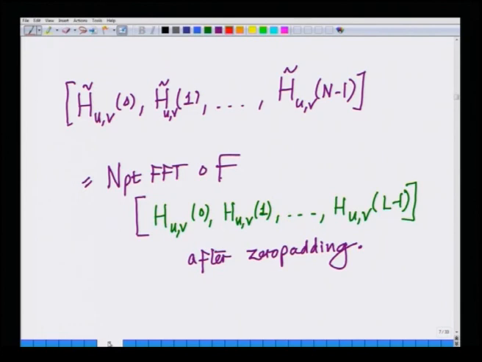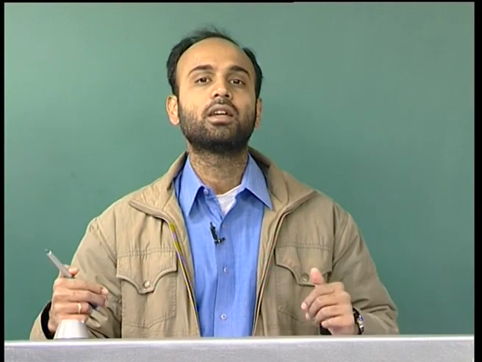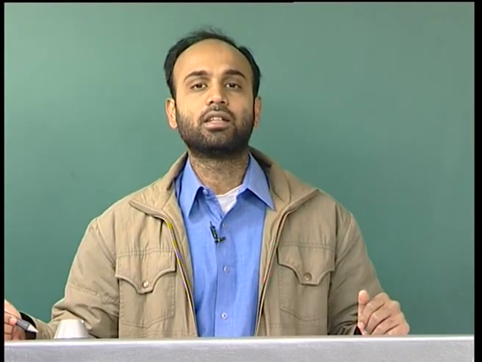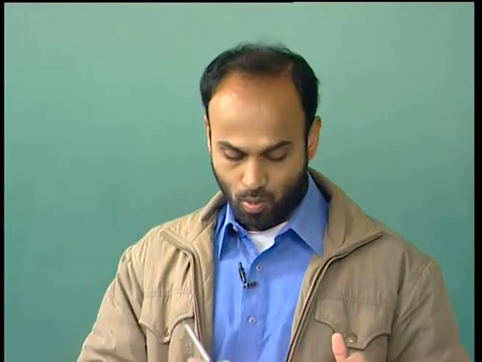They are L such elements, and you zero pad them and take the n point FFT of these elements, then you will get the uvth element of the channel matrices across the subcarriers. You can similarly do that for all the elements and thus construct the channel matrices for the subcarriers. All right. So, that is how you construct these channel matrices in this MIMO OFDM system.